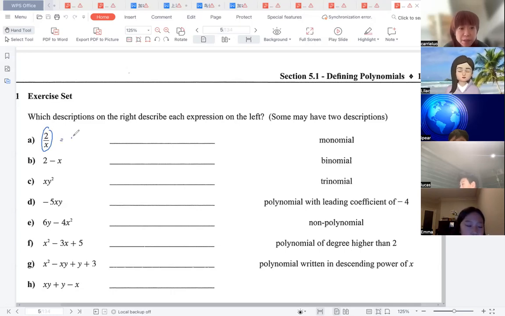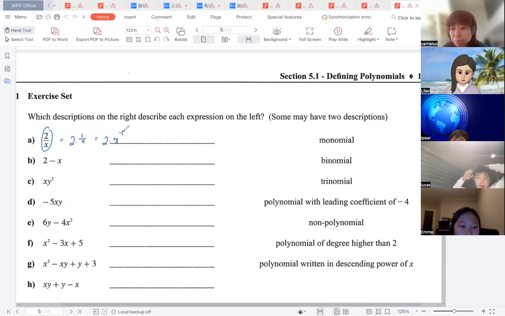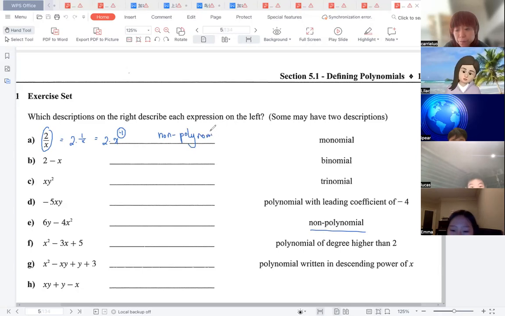If you rewrite it, it's actually 2 times 1 over x, which is 2 times x to the negative 1. Correct, everybody? So with a negative power on the variable, it is non-polynomial. Get it? Daniel, understand? This part is very important. Lucas, understand?